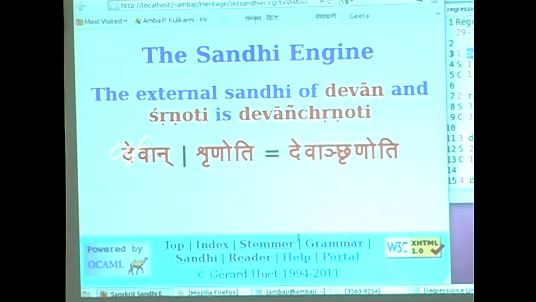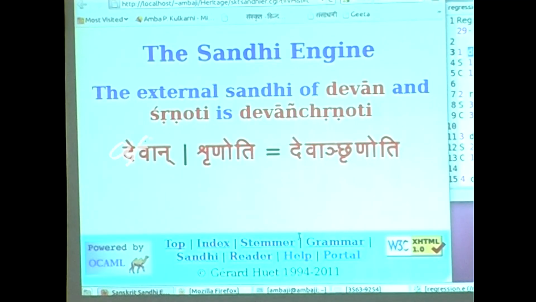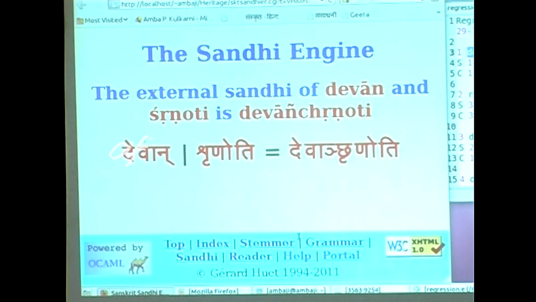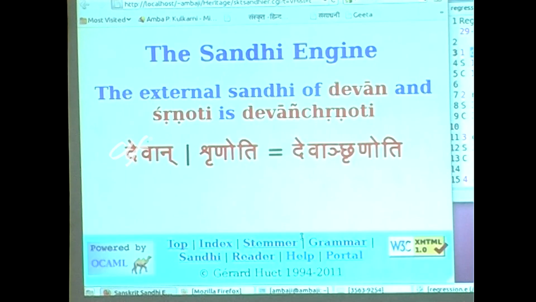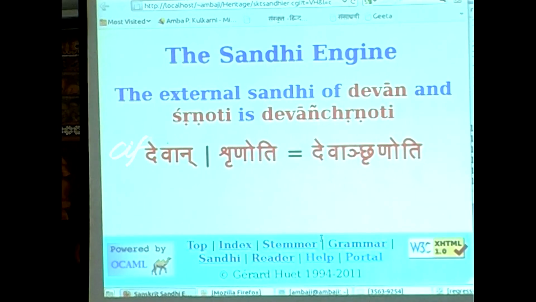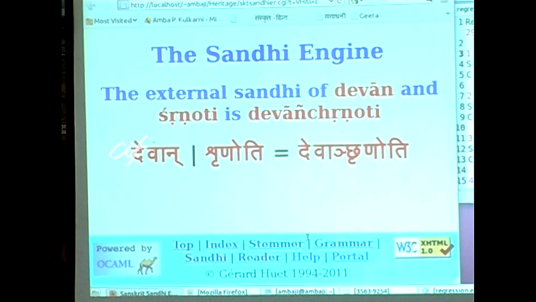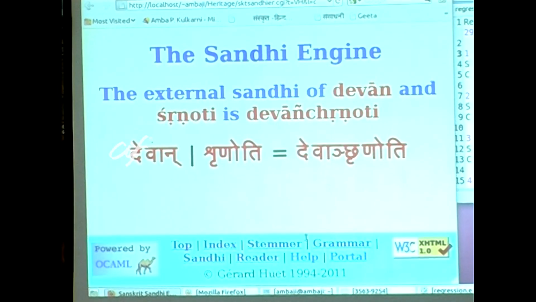Actually I built this software in order to learn the language myself. So I built all the tools. I started with the Sandhi tool, the tool that does the gluing with the Sandhi rules. And then I did the tool that does the inversion. This algorithm I will describe in the third lecture.